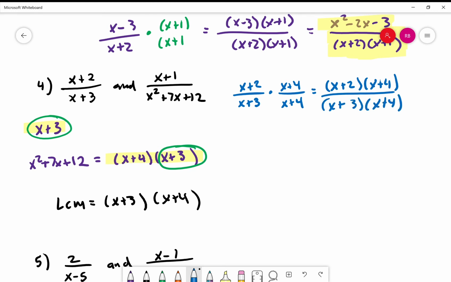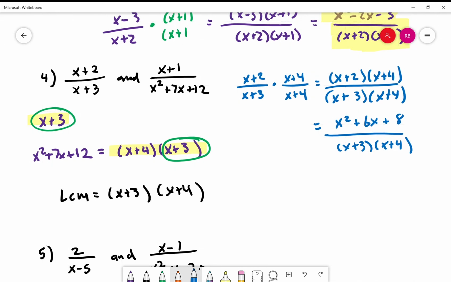And remember, only multiply the numerator. Simplify the numerator. So we get x squared plus 6x plus 8 over x plus 3, x plus 4.